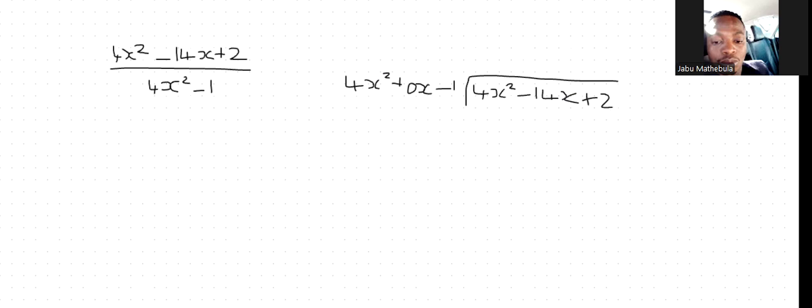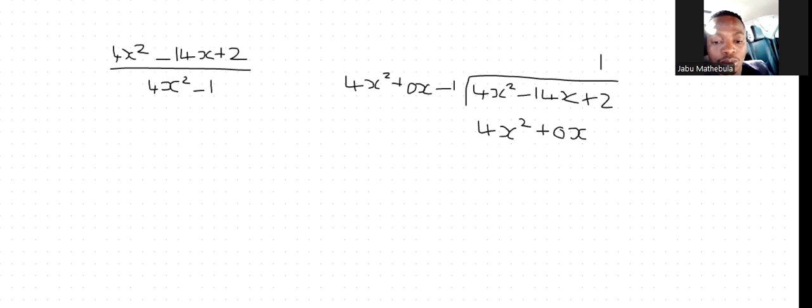4x squared divided by 4x squared is 1. Now we multiply. We take this and we multiply everything here. 1 times 4x squared is going to be 4x squared. 1 times 0x is going to be 0x, because anything multiplied by 1 is that thing. Meaning that -1 times 1 will be -1.